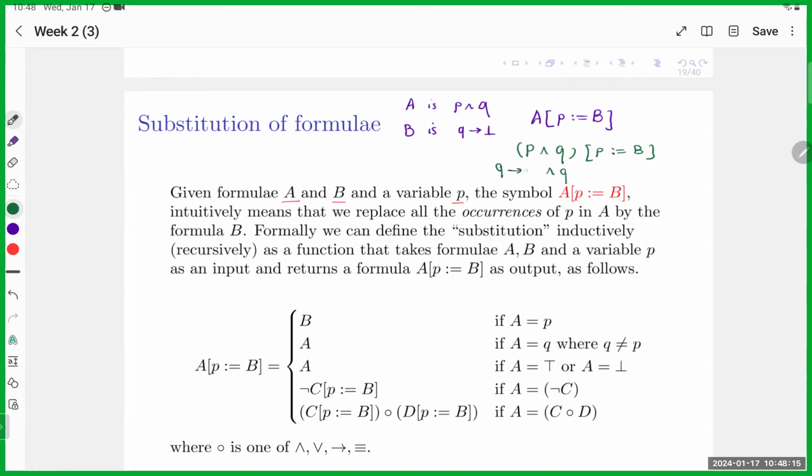Q implies bottom. So this formula is this formula.